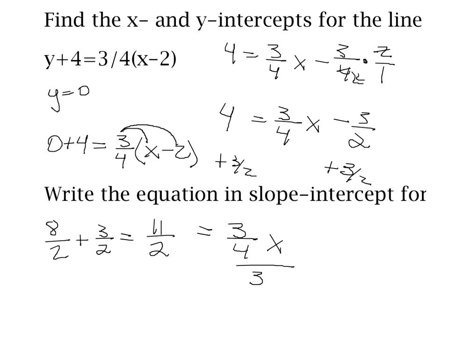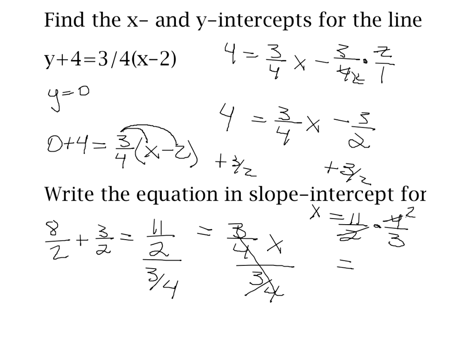Okay, so I can divide by 3/4. And dividing by 3/4 is the same as multiplying by the reciprocal, 4/3. So 2 goes into 4 two times. I've said it before and I'll say it again: you can use your calculators to do these fraction computations. So there's my x-intercept.